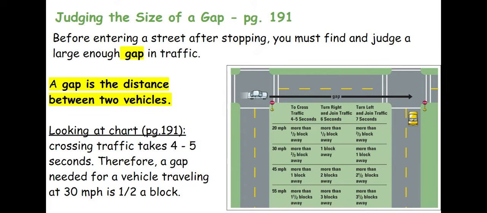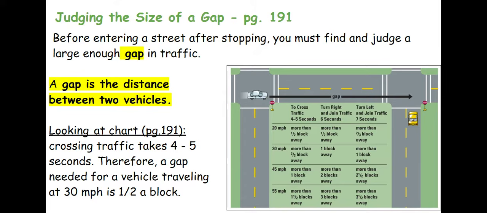The columns at the top of the graph show the time it takes to cross traffic at 4 to 5 seconds, turning right and joining traffic at 6 seconds, which we talked about earlier, and turning left and joining traffic at 7 seconds.